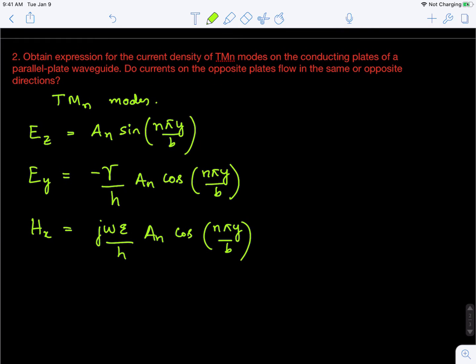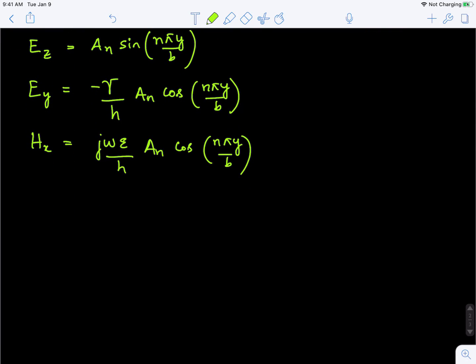Okay, so these expressions are the same as the ones that we used in problem 1. Only if you want to find the time domain equivalents, you multiply with e to the power j omega t and take the real part, and you'll get the exact expressions used in the first problem. Now once you have this, all that you have to do is find the surface current density.